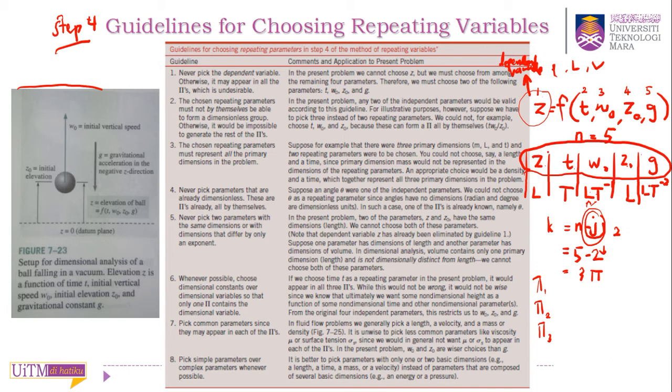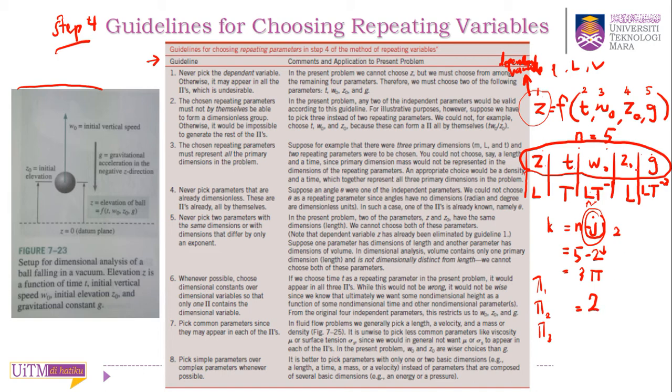So you need to choose 2 of these parameters in step 4. How to choose that? If they are not given in the question, you will refer to this guideline. In step 4, choose 2 repeating parameters.